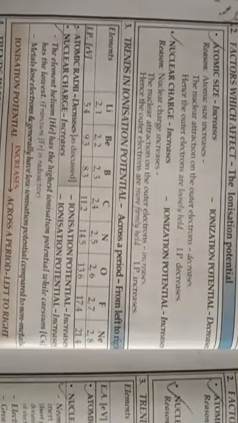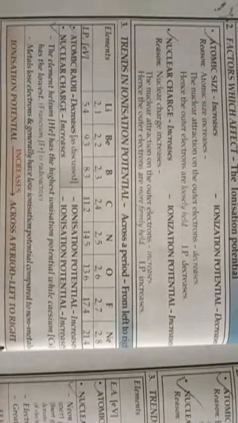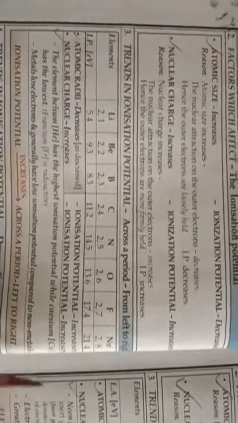Second point, nuclear charge increases, and due to this also ionization potential will increase from left to right in the period. Okay, so due to these two factors, atomic radius and nuclear charge, radius decreases and nuclear charge increases from left to right, and that is why ionization potential increases.